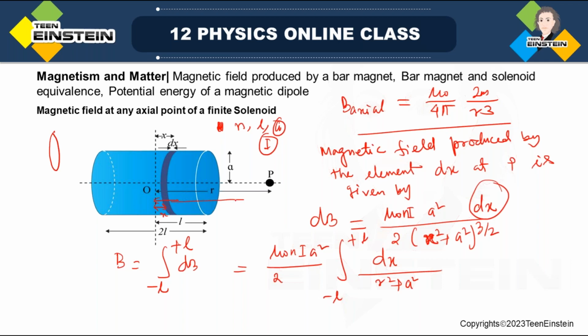Total r is this much, so I have to take the distance from here to here. This will be r minus x, r minus x whole square.